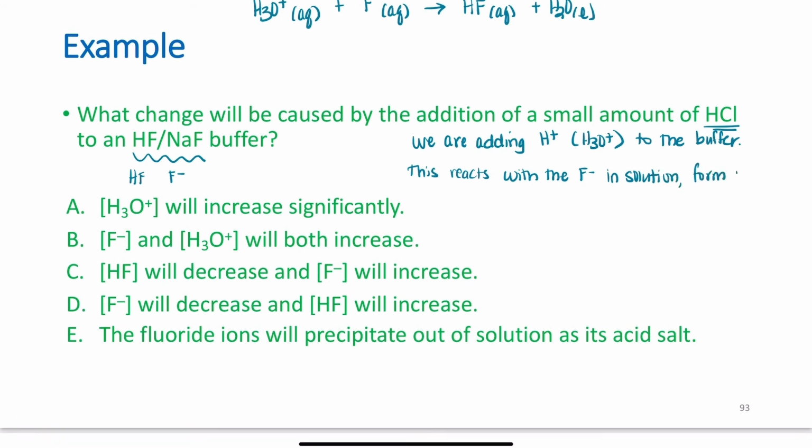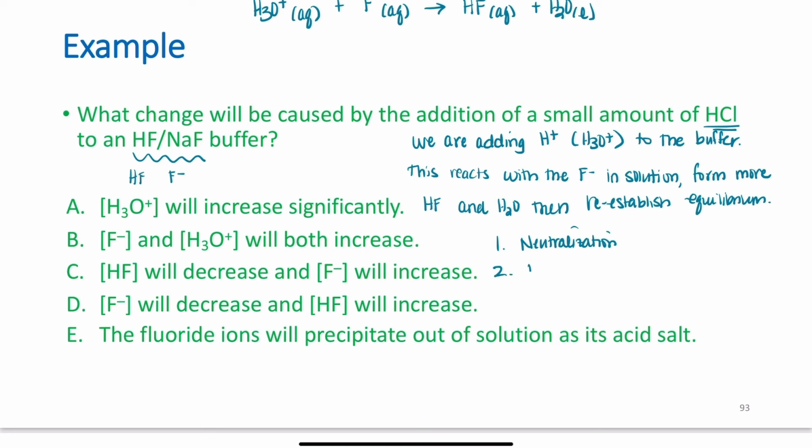And it will form more HF, more of your weak acid, and water to reestablish its equilibrium. So 1, neutralization. 2, Le Chatelier.